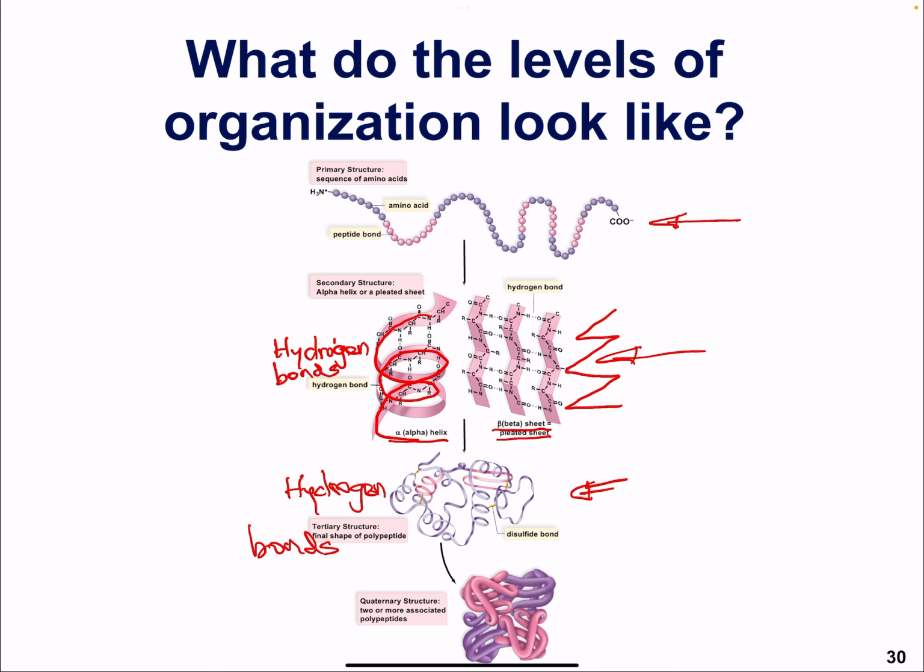And in the quaternary structure, we also have hydrogen bonds that are important. Please remember all of this. In the primary structure, hydrogen bonds do not play a role, only covalent bonds. And by the way, when you bring two amino acids together to form a new bond, that covalent bond carries a specific name. It's called a peptide bond.